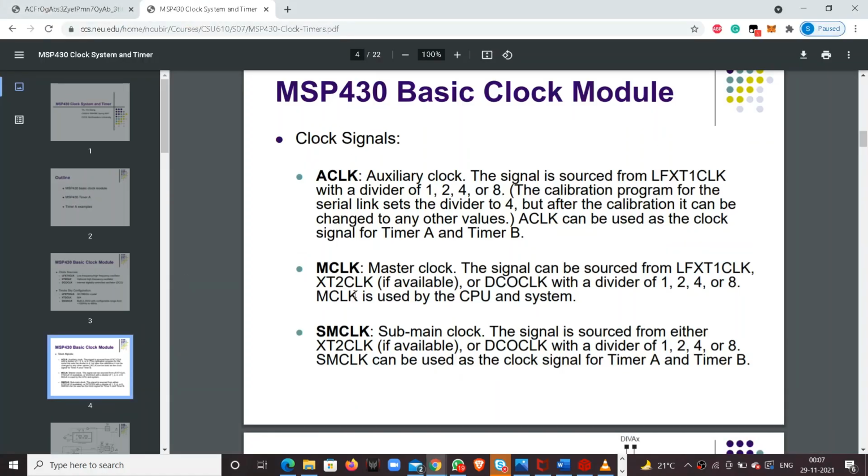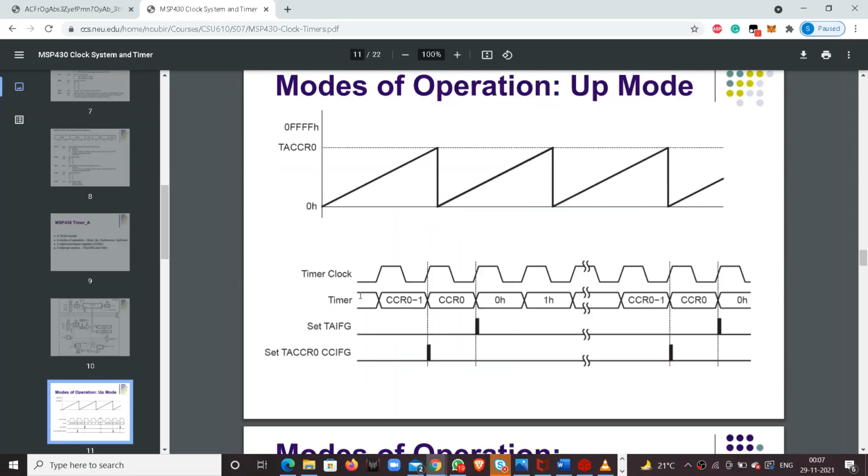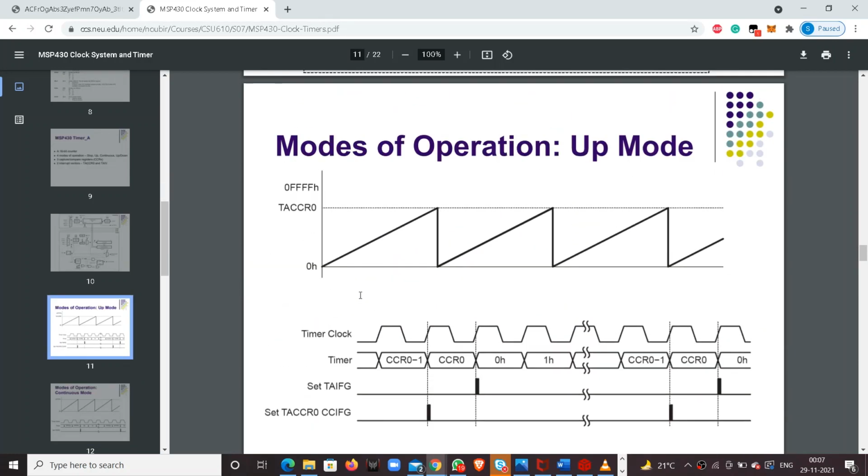The up mode can be seen here. Whenever the value of the counter reaches TACCR0, the timer will be reset to 0 and it will start counting again. Here we are using this function to generate the signal with the desired frequency.